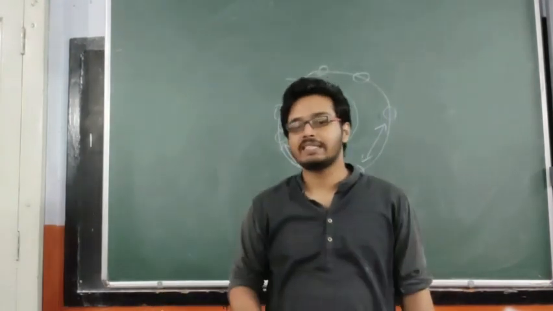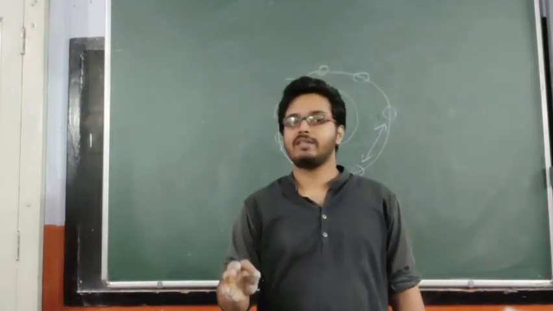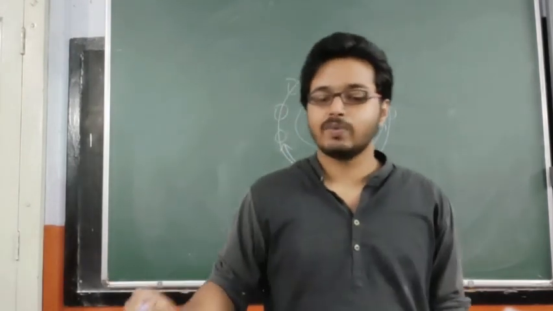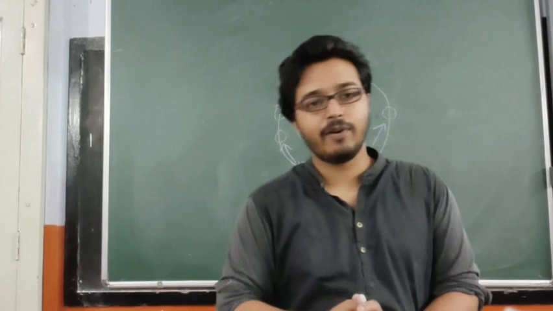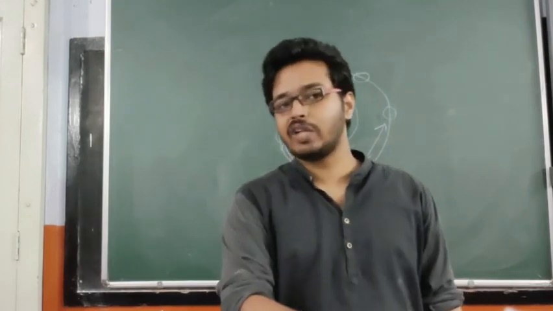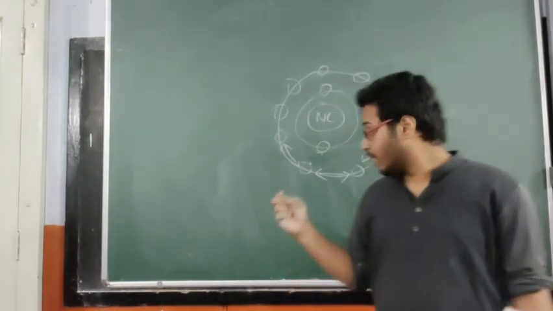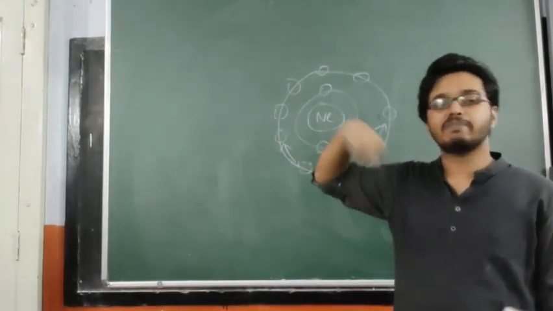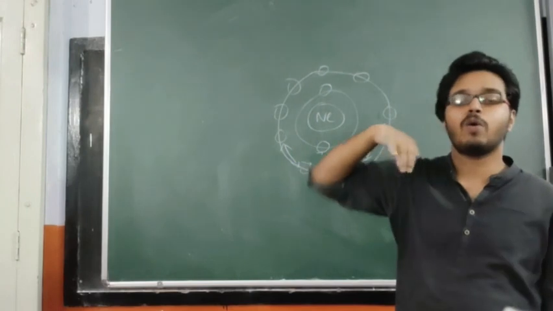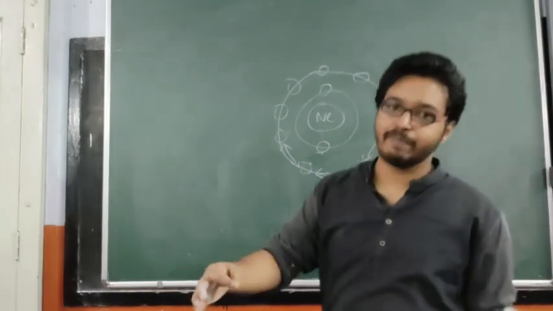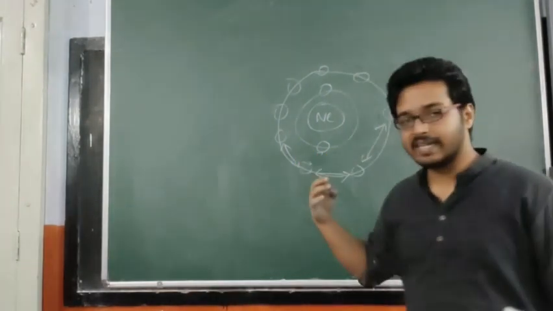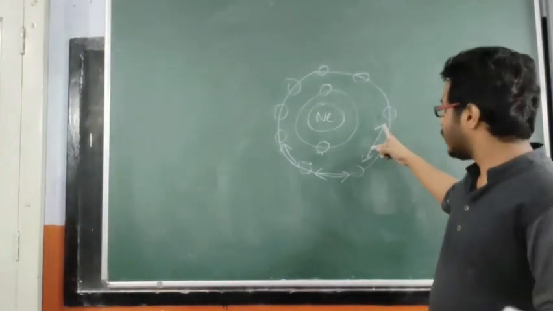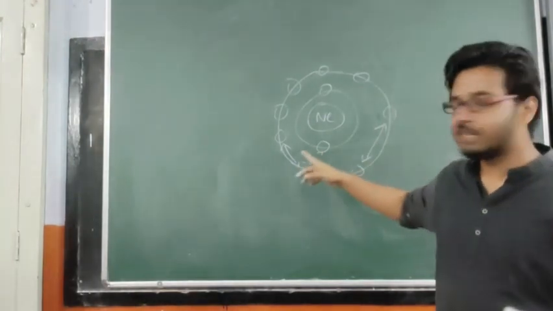Noble gases are the only elements with 8 electrons in the outermost shell. So they have the maximum number of electrons in the outermost shell. Because of that, the inter-electron repulsion in noble gases is maximum compared to all the rest of the elements in the same period.